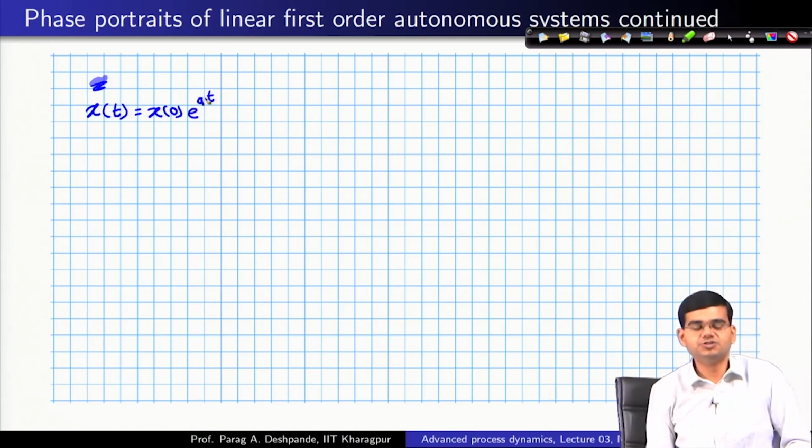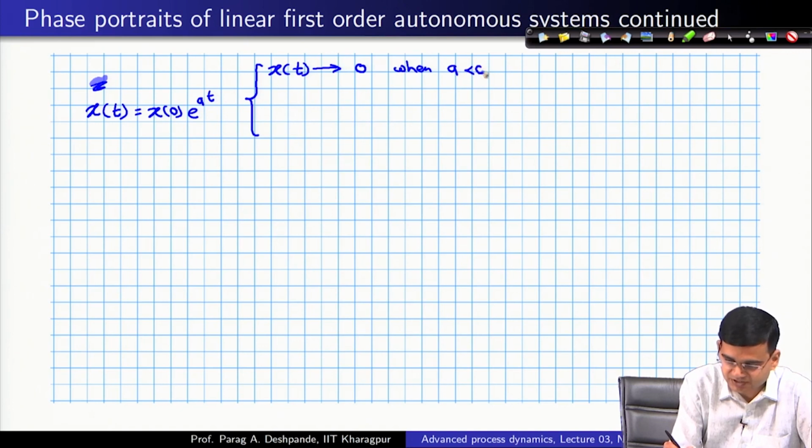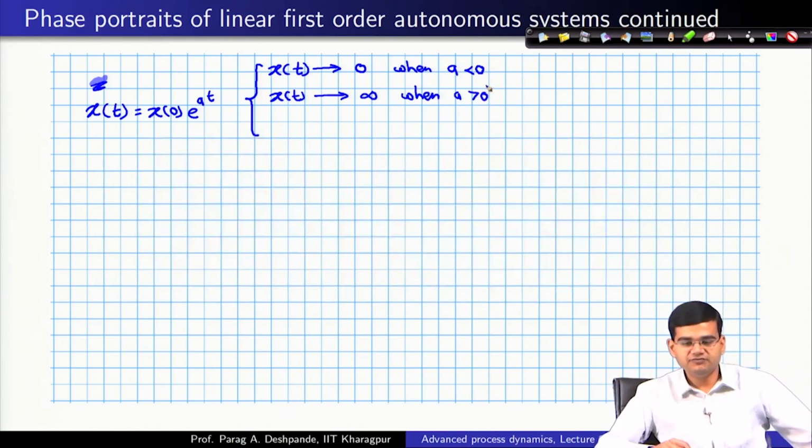This is the solution, but what happens to the solution as time t tends to infinity? x of t tends to 0 when a is less than 0, and x of t tends to infinity when a is greater than 0. And then I see one more thing here.